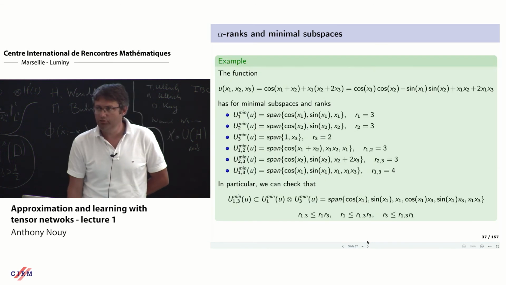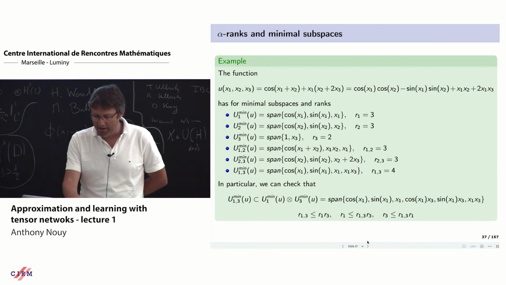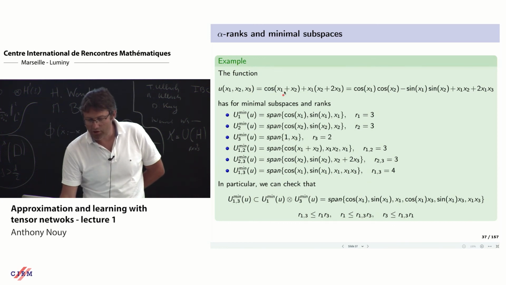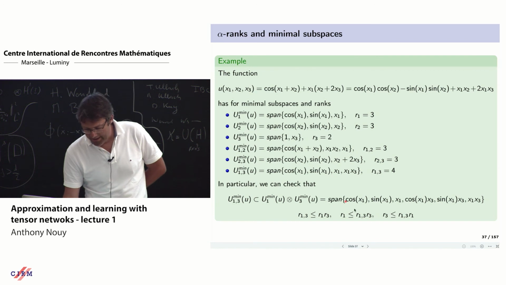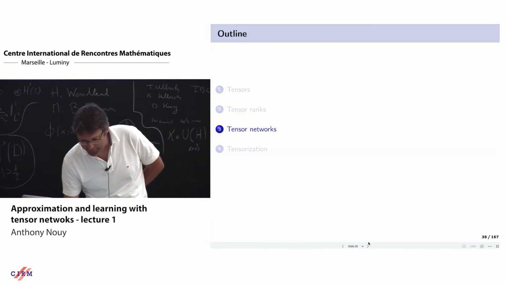I will not go into detail, but you can look at this example, for a particular function given here, cos of x1 plus x2, x2 plus x1, x2 plus 2, x3. I computed all minimal subspaces of this function. You can check the associated ranks, and by doing this work you will see that the different properties I mentioned before, the nestedness property, are well satisfied. I let you look at this example by yourself.